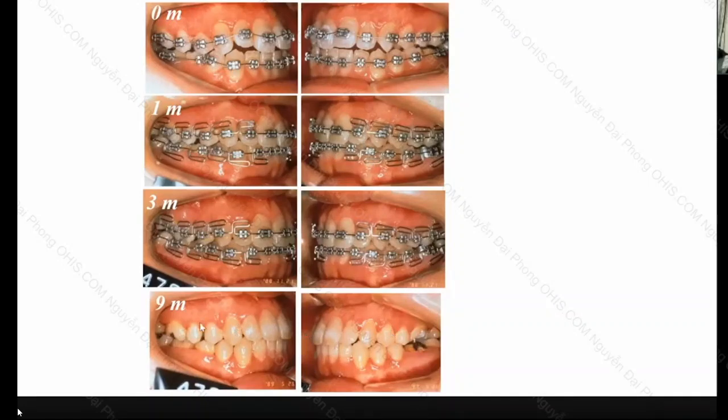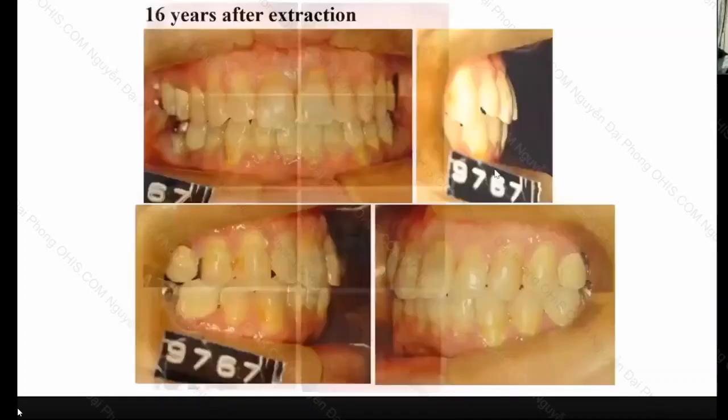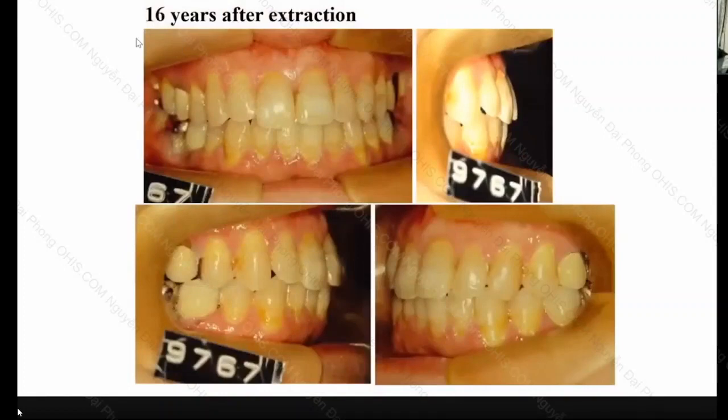Good. Okay. Then this is, I think, 16 years after third molar extraction. Still no opening of the anterior bite.